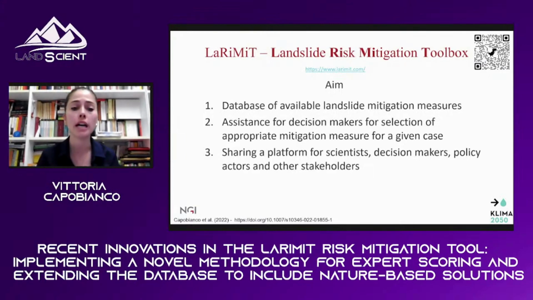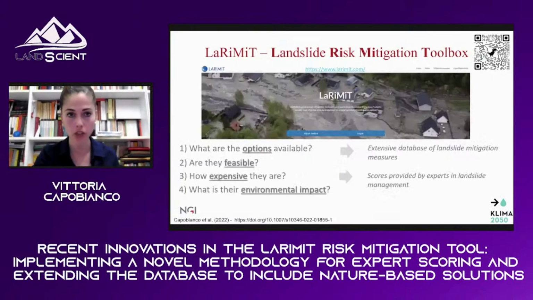But it also acts as a sharing platform for scientists, decision makers, and policy actors that not only need to choose a risk mitigation measure based on the technical feasibility, but sometimes there are some other constraints, for example, related to the cost, the time of implementation, or the environmental impact of that landslide mitigation measure.